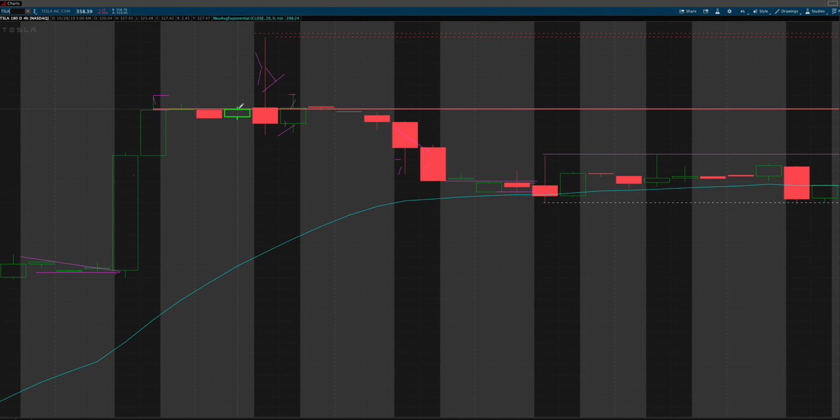It tried to push above and got rejected. It also had another rejection candle. So now this is my technical level, and this line represents that it had resistance and trouble going to the upside.